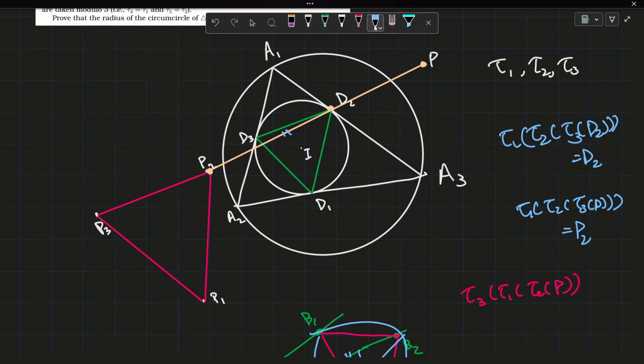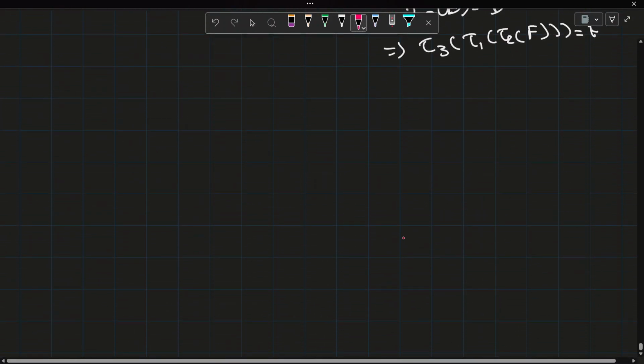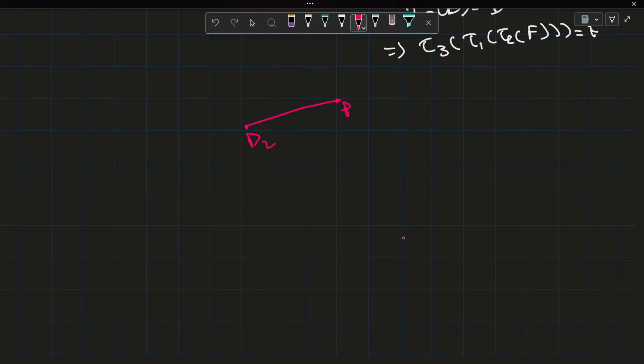Then notice that first of all, consider what happens to the line D2P. Okay, let me make it clear. So the line D2P, this line will get transformed to a line parallel to itself as I have proved earlier, and this is basically T of D2 and this is T of P. Okay, and basically T of P is equal to P2, and notice that as I had proved earlier, T of D2 is basically equal to D2.